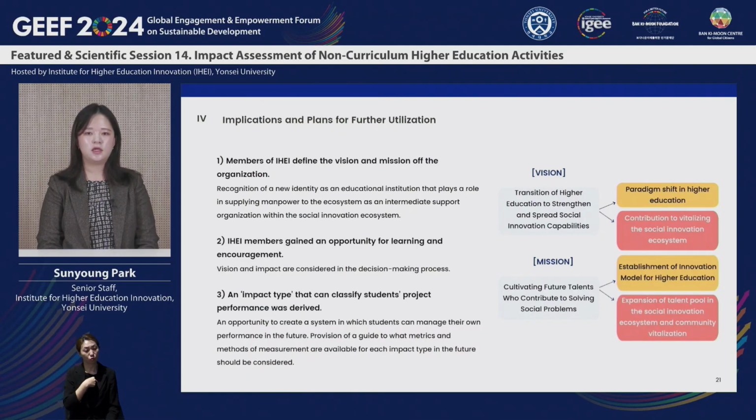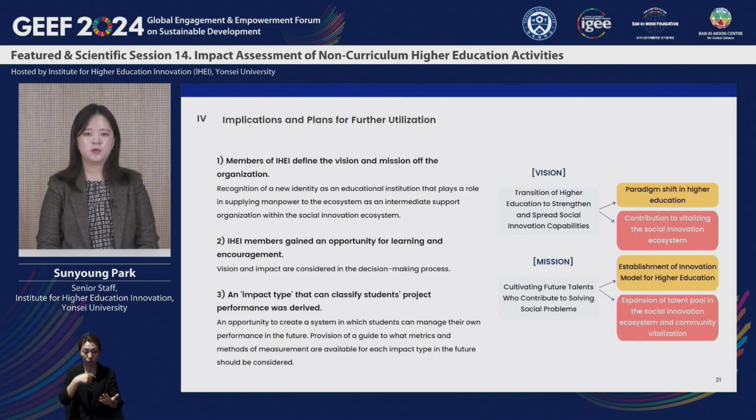Furthermore, another significant outcome of these discussions is that the process has provided educational and professional stimulation to the Institute's members. It's also crucial to note that even in minor decision-making processes, we now consider the Institute's impact at the core of our programs. In addition, the establishment of a system for categorizing students' project outcomes is a major achievement.